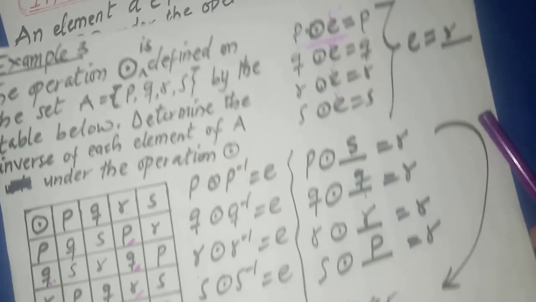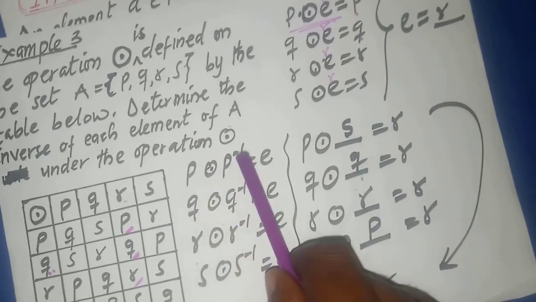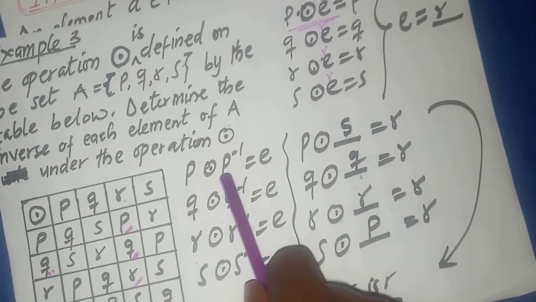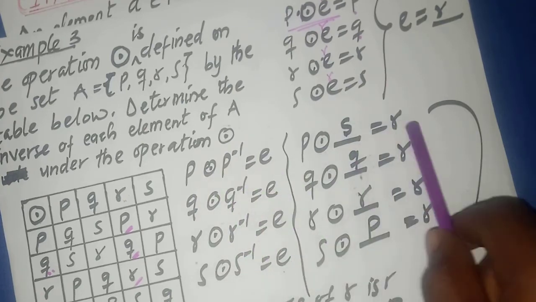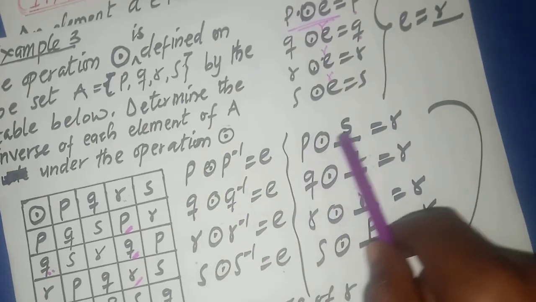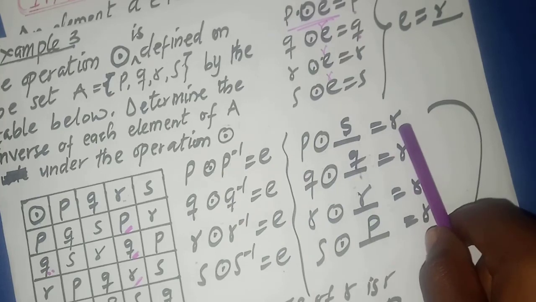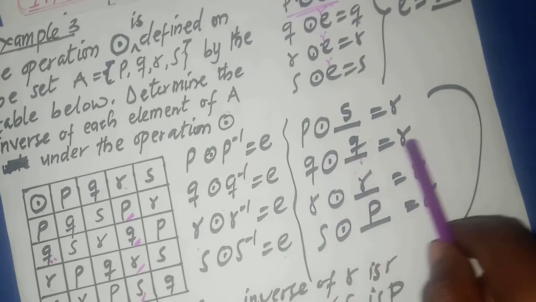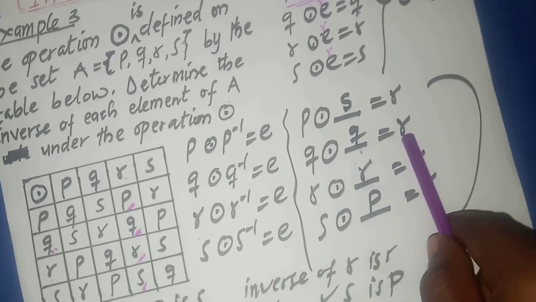So now P operation the inverse element should give you the identity element, which is R. Q operation the inverse should give you R, which is the identity element.